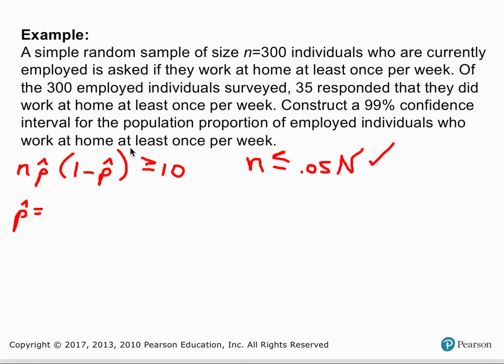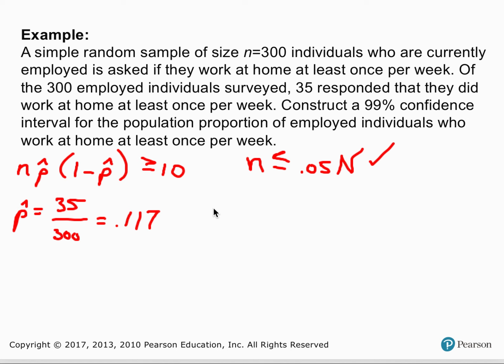Pay attention to what you're being asked and what information you're given. So 35 do work at home at least once a week out of a total of 300. 35 divided by 300 is 0.1167, and because it's a proportion, three decimal places, right? Okay, so now let's plug into here.